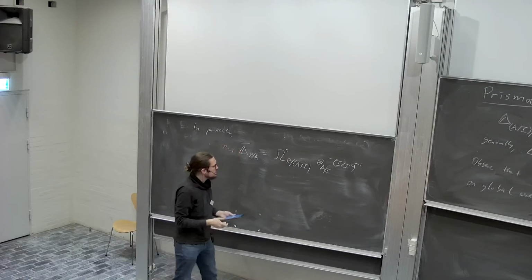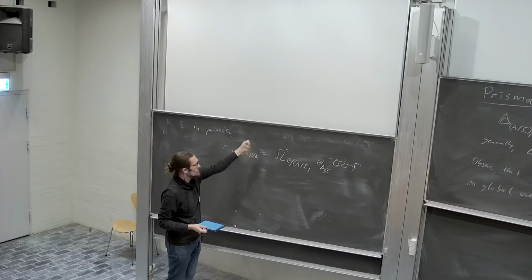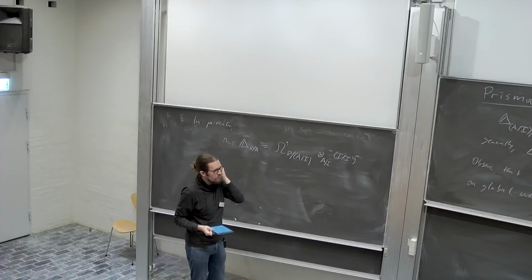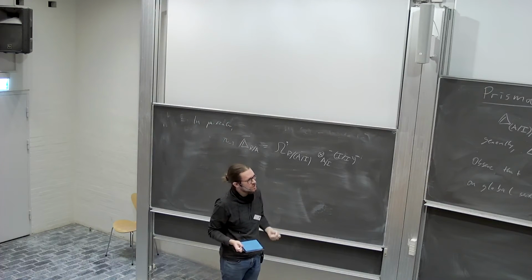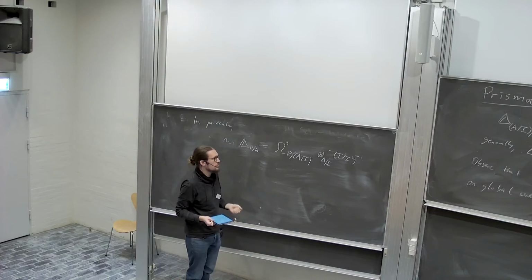Right, so essentially, this means that this prism bar guy is something we already know. It's de Rham forms. So one way to think about prismatic cohomology is that it somehow glues these together in a very interesting way, right?